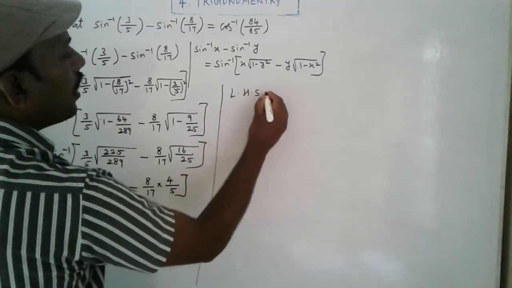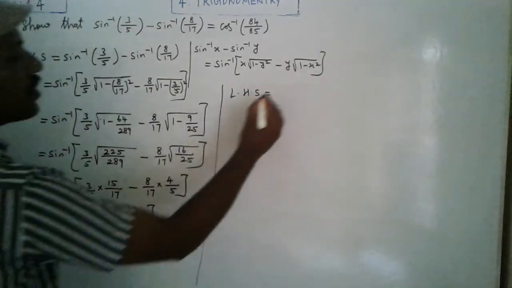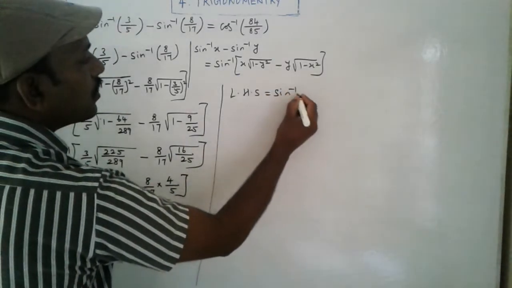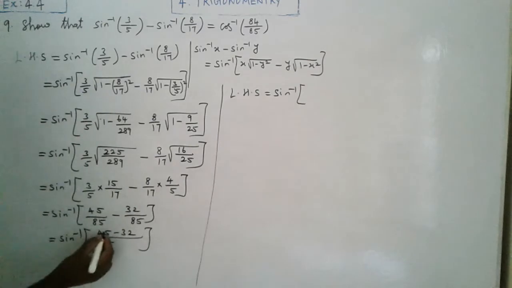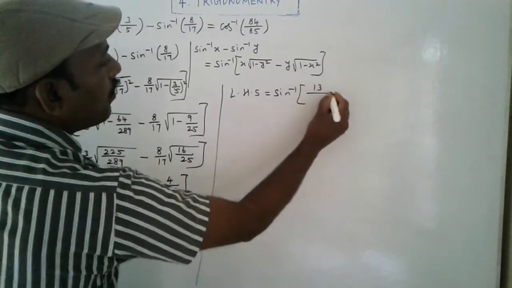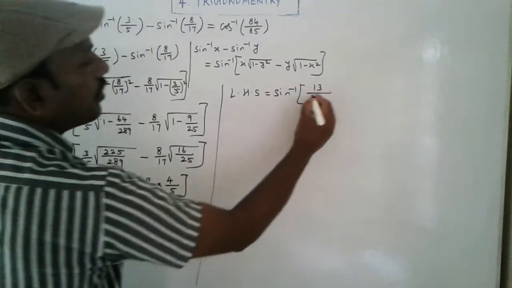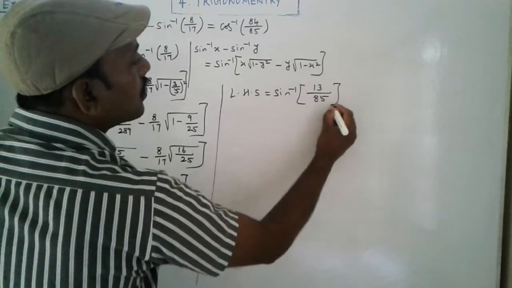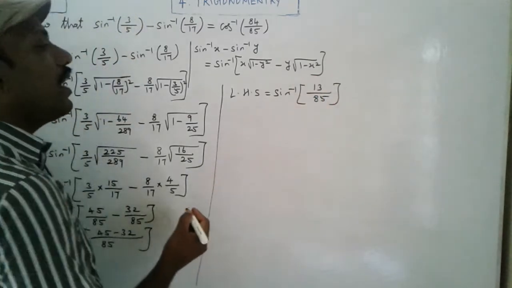LHS equals sin inverse of 45 minus 32, we should subtract, then 13 divided by 85. It's sin inverse of 13 divided by 85.